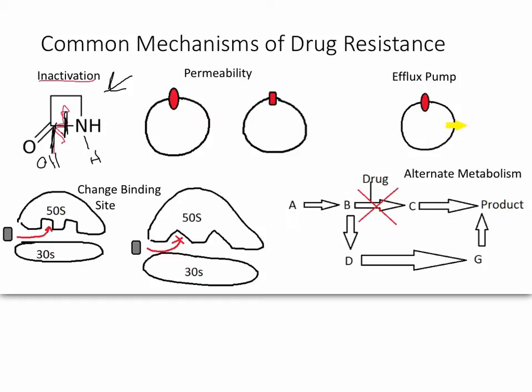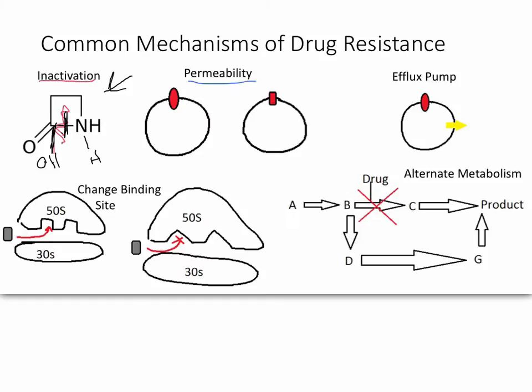One way we've learned to get around that, in some infections, we can actually add a lactamase inhibitor to prevent the lactamase from breaking open the beta-lactam so that the beta-lactam can act on transpeptidase. It's like a chess game.